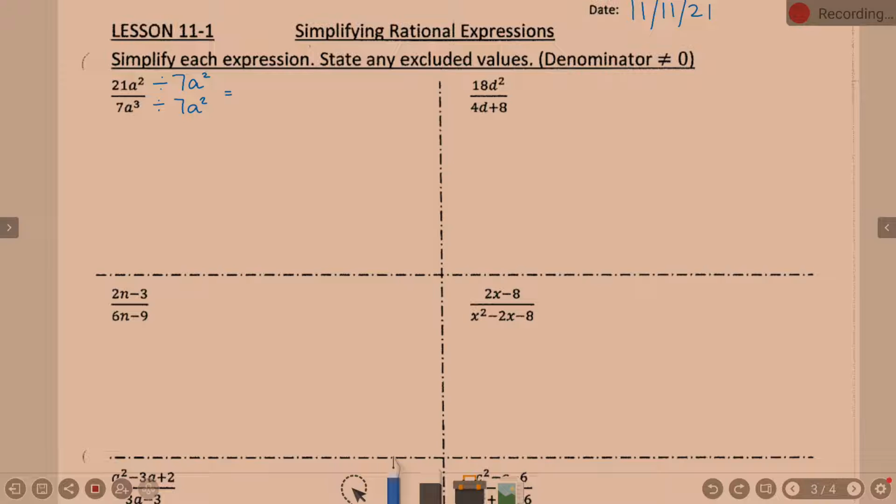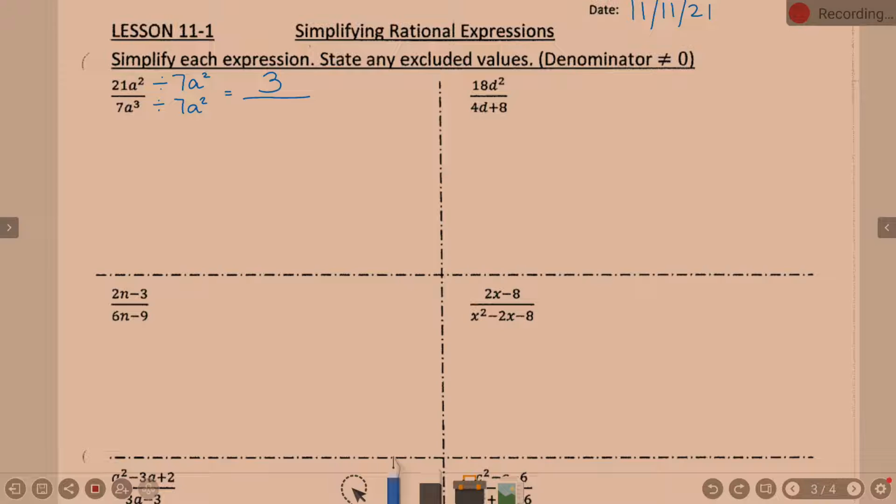And a squared divided by a squared? You subtract when you're dividing, so 2 minus 2 is 0, which means your a's cancel out, because a to the 0 you don't even write. So 21 divided by 7 is 3, and the a's cancel.